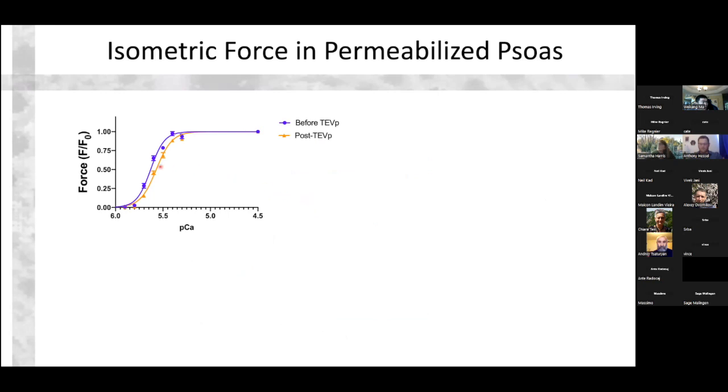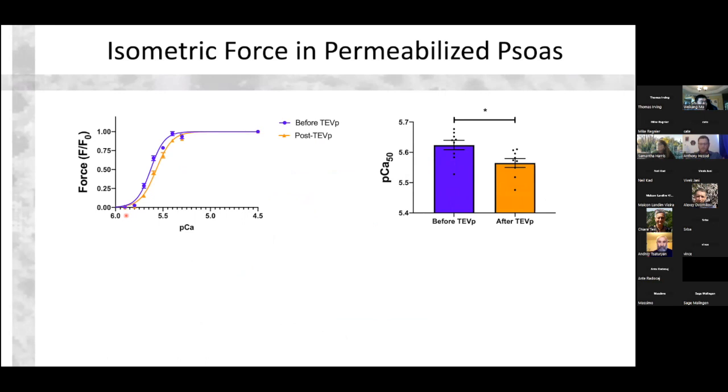When you remove myosin binding protein C, you get this rightward shift of the tension pCa relationship. It's a small shift, but it's consistently seen. We've interpreted that as an effect on the thin filament, but as was just talked about in the last talk, changes in lattice spacing, which we've now seen, could also be responsible for this.